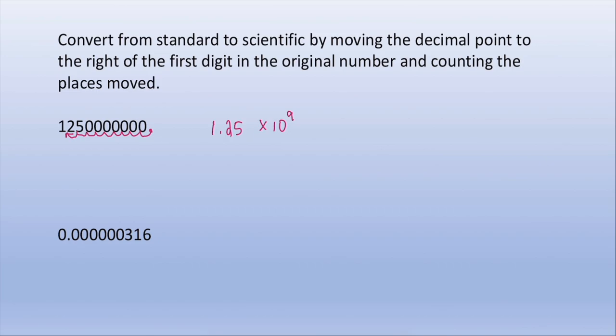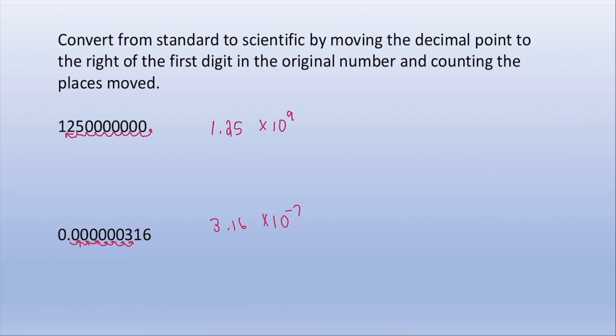Now let's do the same thing here. So this time we have to move to the right to get a number between 1 and 9. 1, 2, 3, 4, 5, 6, 7 gets us to be the number 3.16. That's 10 to the negative 7 because we've moved to the right. So if you have to move the decimal to the right, the negative 7 will move it back to the left.